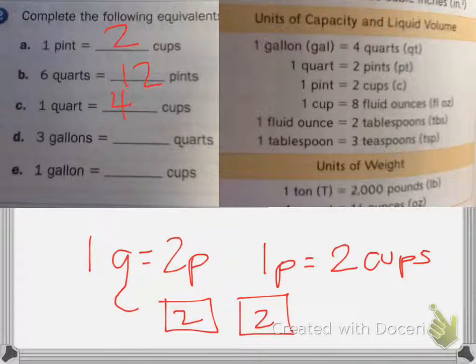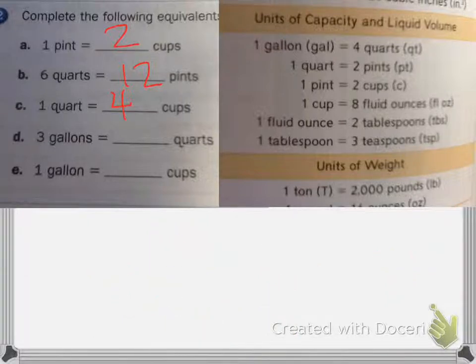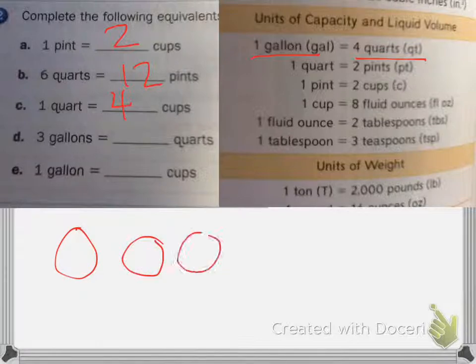Now we want to know 3 gallons equals how many quarts. So if you look up in your reference book, 1 gallon equals 4 quarts. Therefore, 3 gallons, 1, 2, 3, 4 quarts in each gallon would be 12.